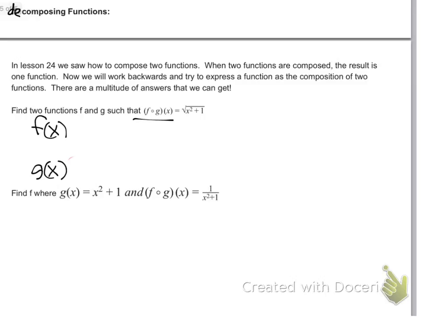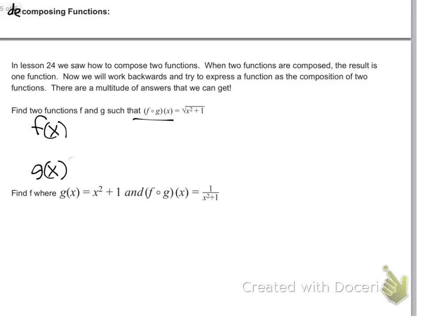I'm placing g of x inside of f of x. And when I did that, the way we did this was I removed x, the variable x, and replaced it with g of x. We've got to go the other way. We have to say, what was g of x? If I state what g of x is, then I could find out what f of x is.